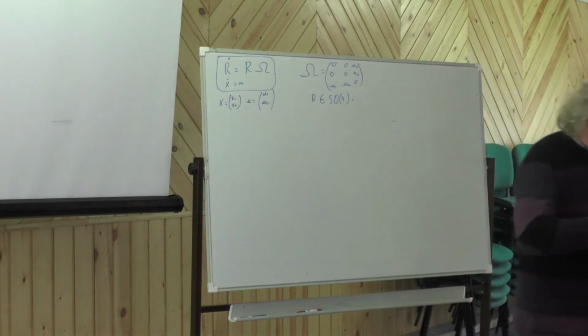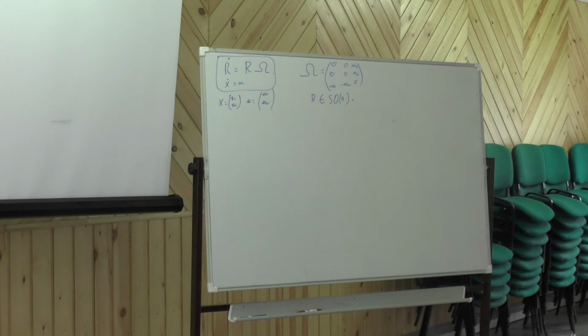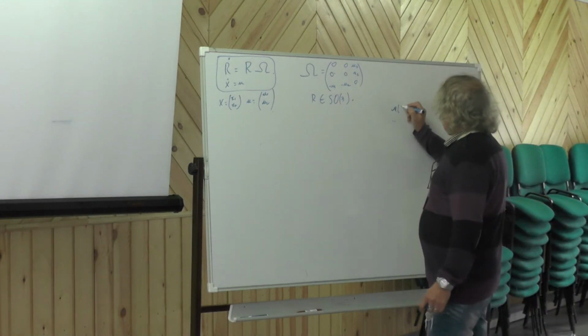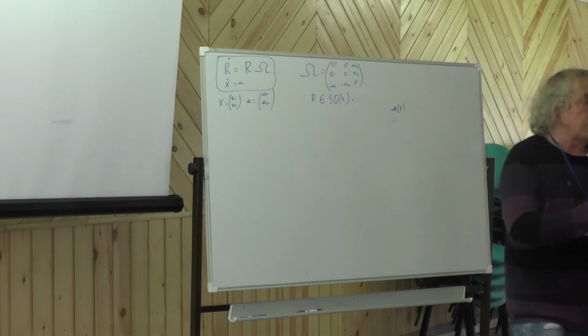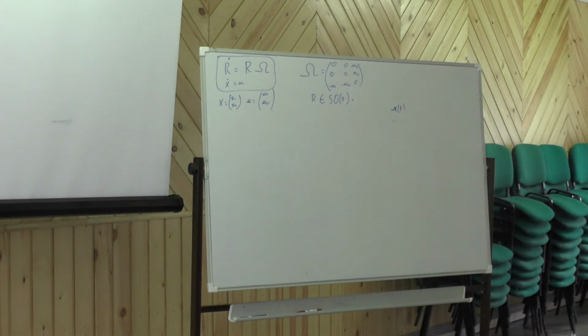If you assume that you are rolling without slipping and twisting, once you choose u of t, it completely determines the motion.